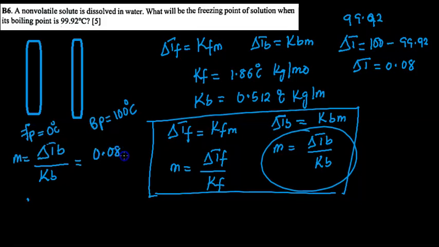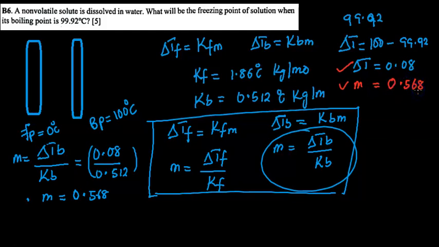If you divide 0.08 by 0.512, the molality is simply going to be 0.568. So our data here: we have the change in temperature, and we have the molality, which is 0.568.